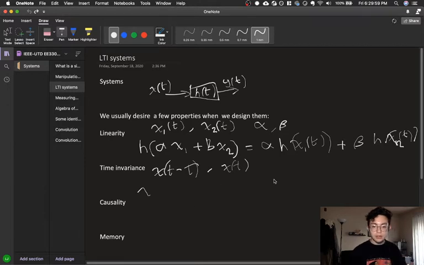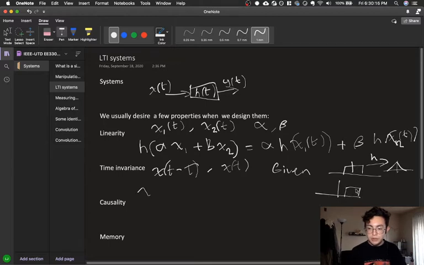If we have a box and we know that it produces a triangle when we pass it through H, then if we have a box that's shifted over and apply H to that, it'll give us a triangle shifted over by the same amount, where this is just tau. This one's tau.